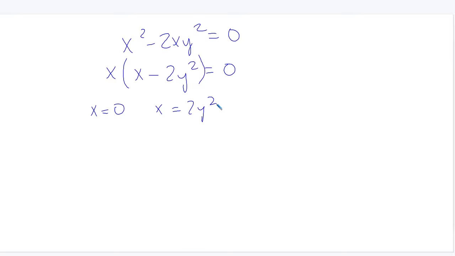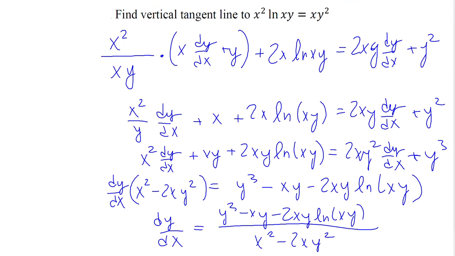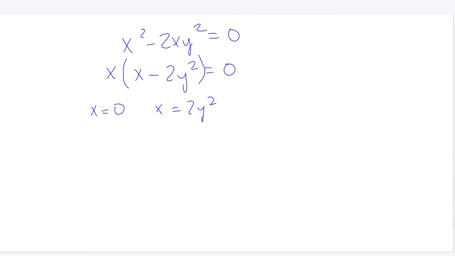Now immediately from there, we're going to go back and think about our original equation. Our original equation had natural log of xy. If x is equal to 0, then that would be the natural log of 0. So immediately we can see that that doesn't yield any solutions in our original equation, so we'll just immediately eliminate that.